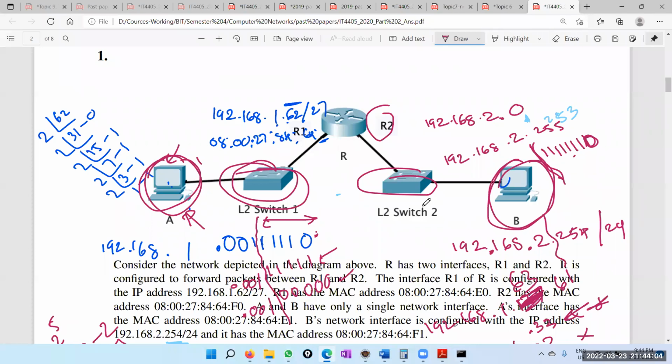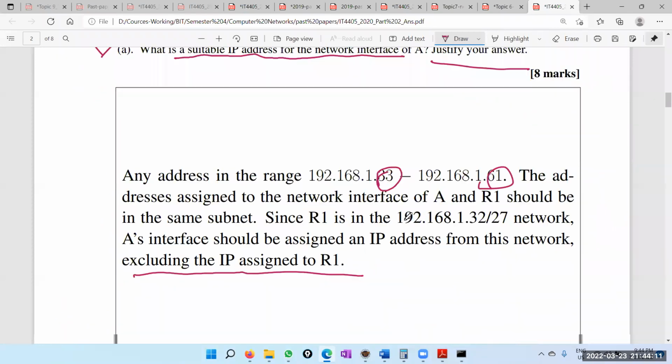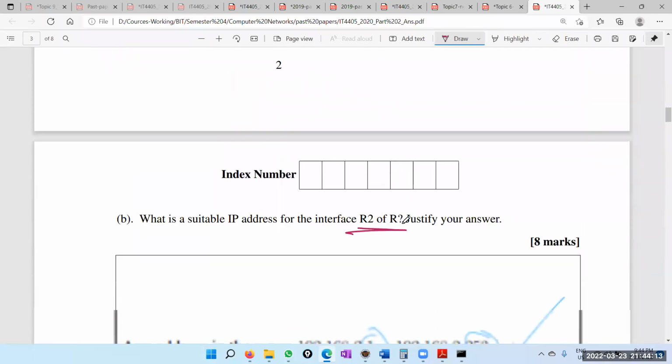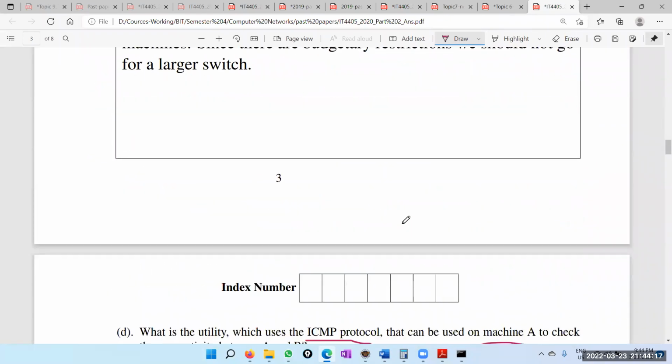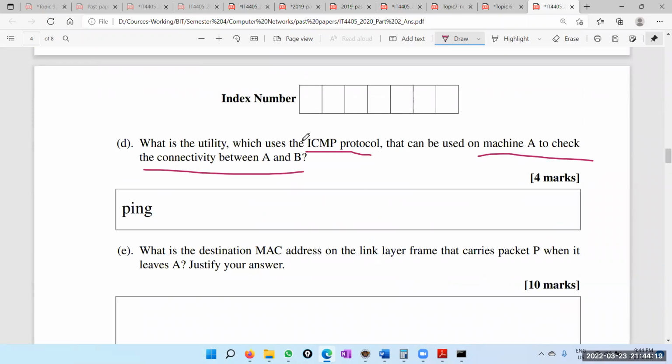So the simple tool we use is the ping command or the ping tool. And remember, they have mentioned the protocol for that also, ICMP protocol. So the protocol behind the ping command is ICMP.